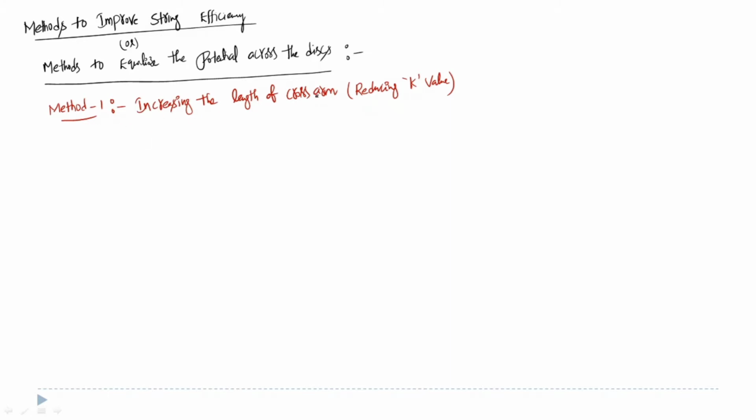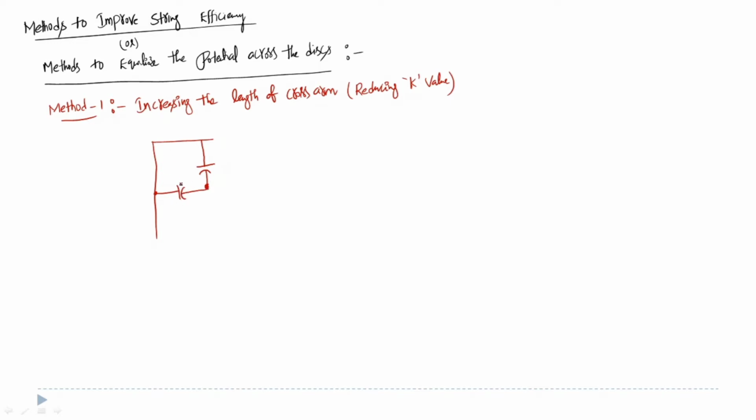Now what happens when you increase the length of the cross arm? See here, this is the supporting tower and this is the cross arm. Now you have the capacitance here. This is the self capacitance. We don't bother about this. But between this metallic link and this supporting tower, you have one more capacitance. What is this capacitance?